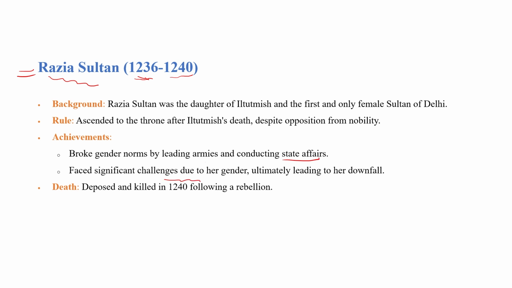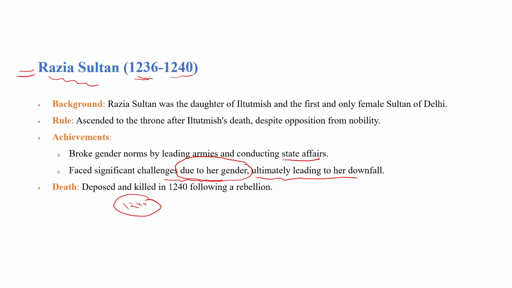She faced significant challenges due to her gender, as I told you, as she was the first woman. Most of the ministers and her cousins wanted to become the ruler, ultimately leading to her downfall. In 1240 AD, she was killed during a rebellion against her brother, Behram Shah.